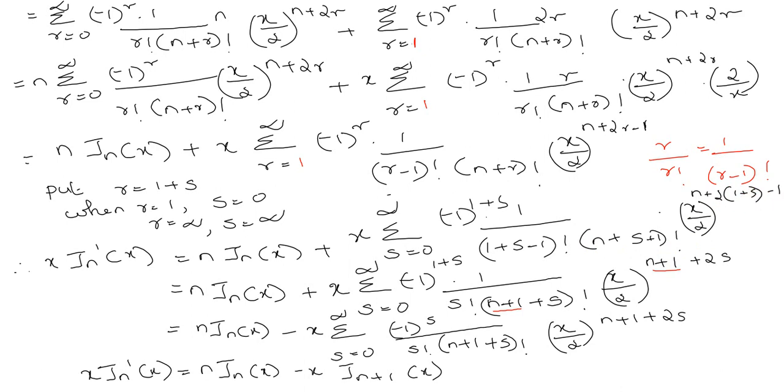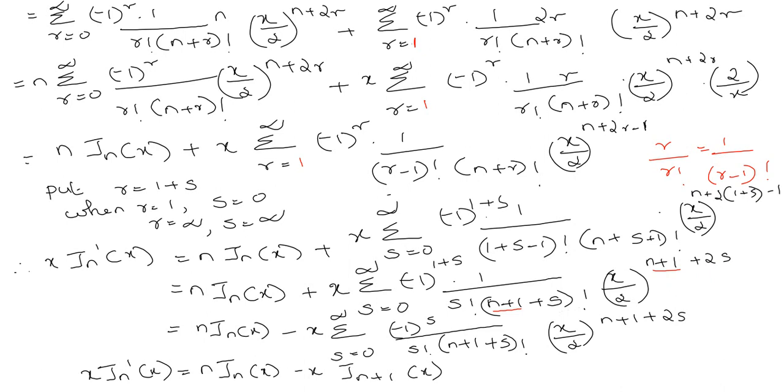So this will become 1 and 1 getting cancelled, giving s factorial. This can be written as n plus 1 plus s factorial. Here n plus 2s minus 1, which is n plus 1 plus 2s, that is written here. That is the next step. Okay.